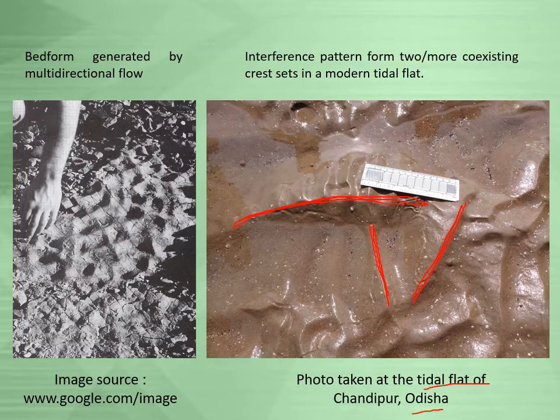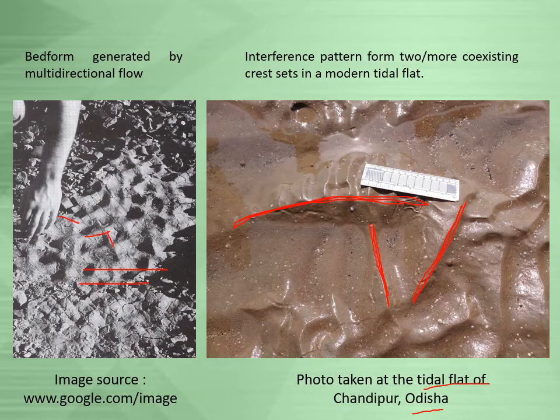and these kinds of multidirectional crestline oriented ripples or interference ripples are also found in the rock record. So definitely these kinds of interference ripples indicate that in the ancient environment there existed a tidal flat region where multidirectional flow was occurring, and that is why this kind of differentially directed crestlines of ripple marks is formed.